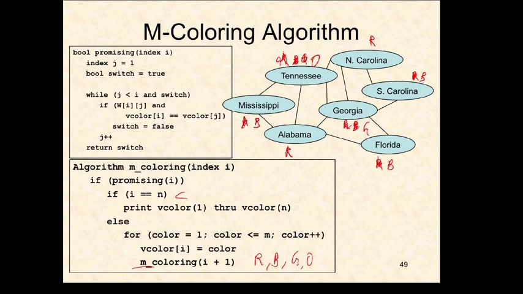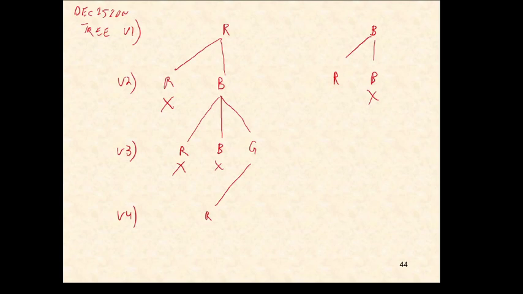So how bad is the complexity? I'll get to your question in a second, Rajiv. So how bad is the complexity here? Let's go back to our recursion tree. I had to pick 4 colors here. Then for each of those, I had to pick 4 colors here. Then I had to pick 4 colors here. Then I had to pick 4 colors here.